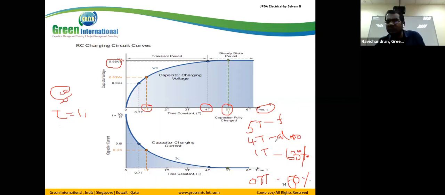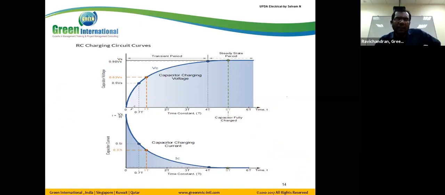There is no need to memorize these values. Just remember 5t is fully charged. That's all. The rest, by substituting the value into the equation, we get that 63% and 50%.